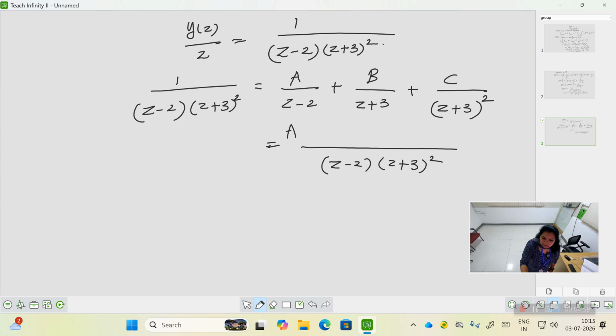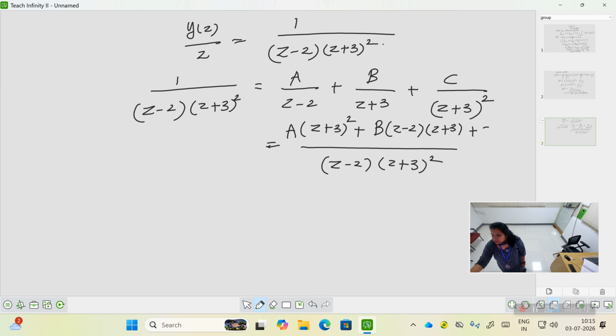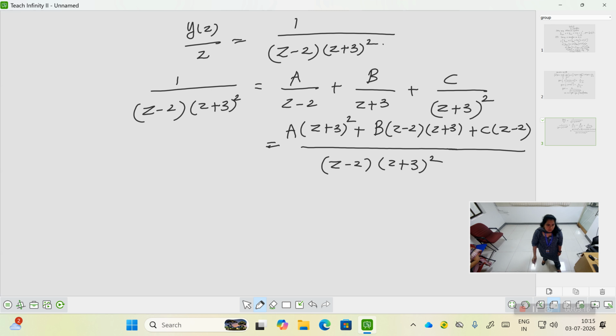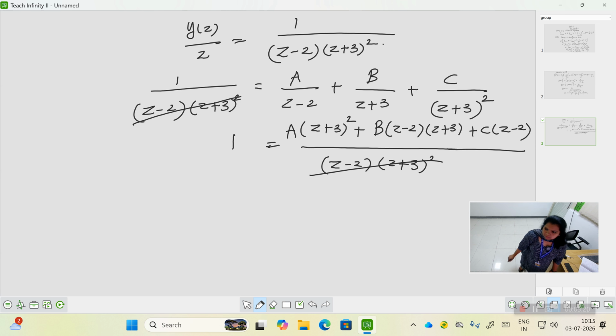Now multiply the pending terms: A into (z plus 3) square, B into (z minus 2)(z plus 3), plus C into (z minus 2). Now cancel the denominator on both sides and equate one by one.